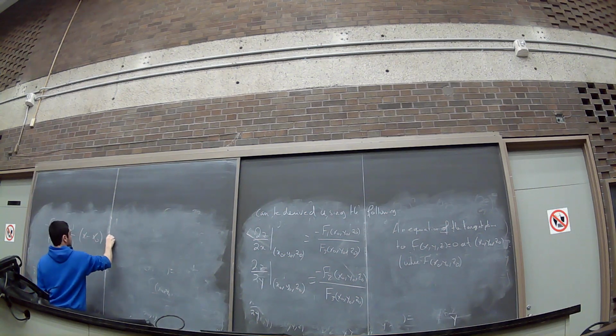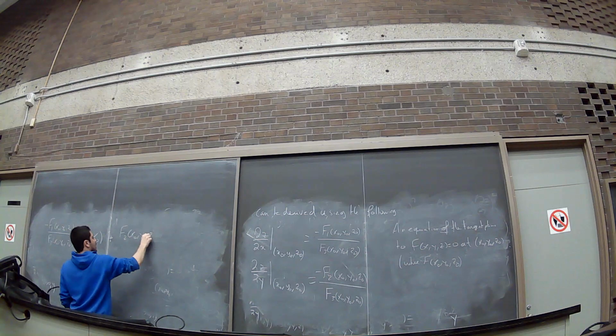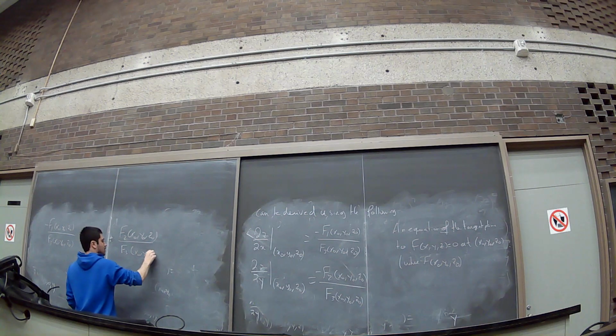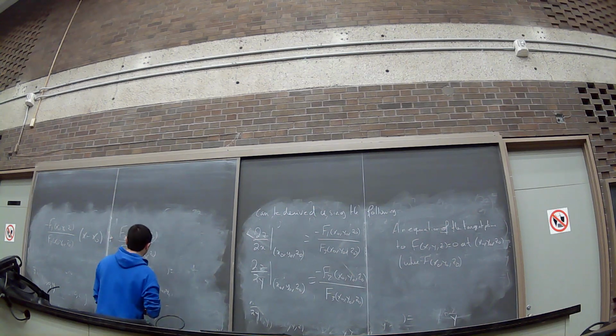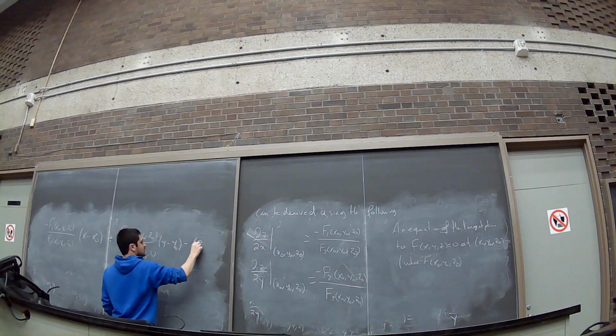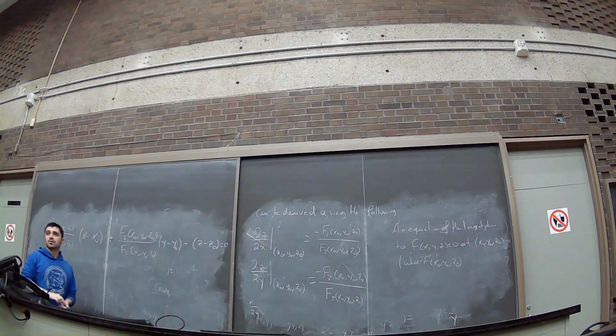Plus or minus f2 at x0, y0, z0 over f3, times y minus y0, minus z minus z0 is equal to 0. We agree or not?